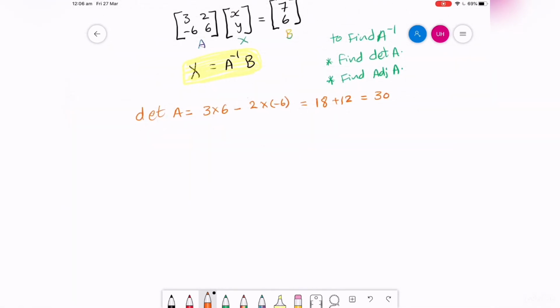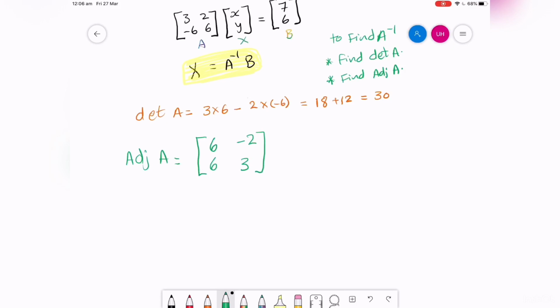Now, the adjoint of A is swap over the diagonals, the 3 and 6. So this is going to be 6 here, and the 3 will be here. And the 2 and minus 6, we change their signs, so the 2 becomes minus 2, and the minus 6 is going to be positive 6.